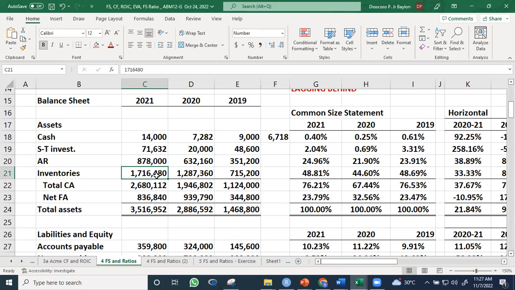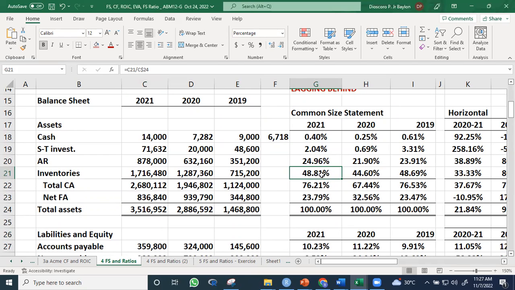Is this finished goods, work in process, or just raw materials? If this is raw material, then the company might have problems. Kasi, I'll go to that later, no? Malaki kasi yung inventories, and it accounts for 48%.